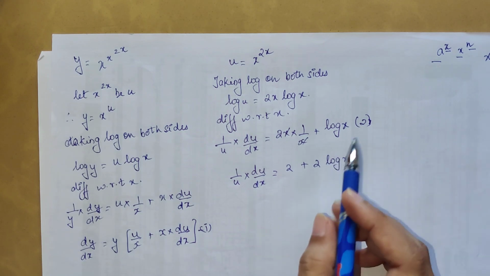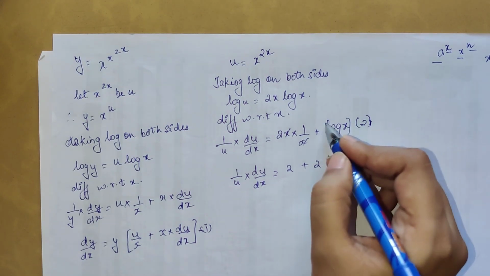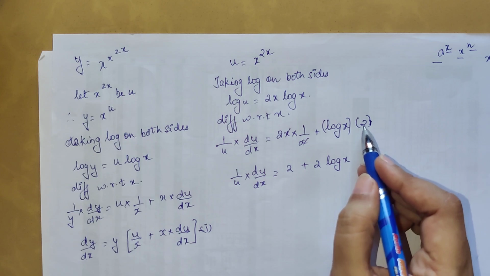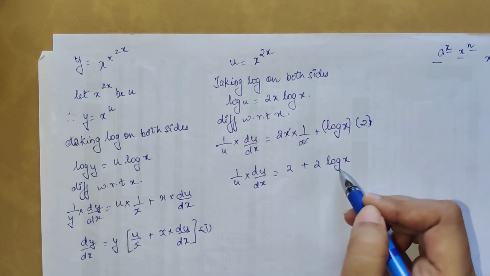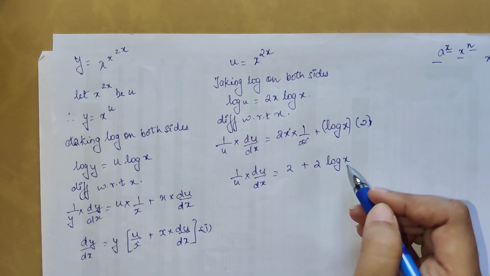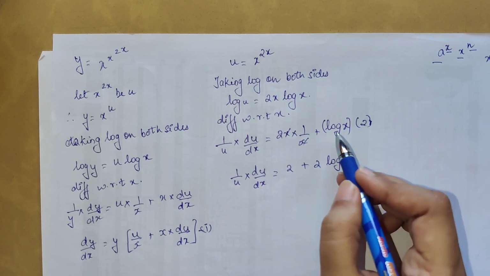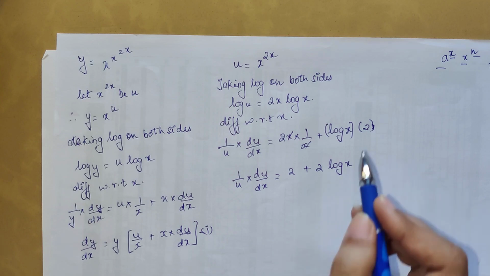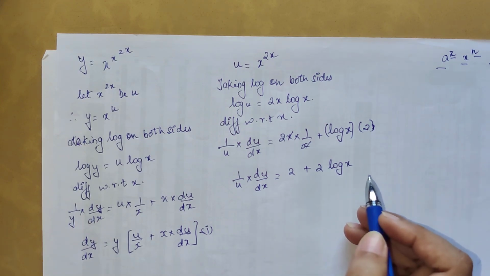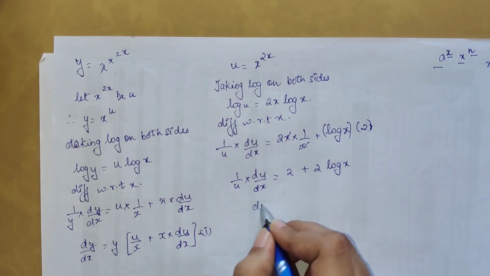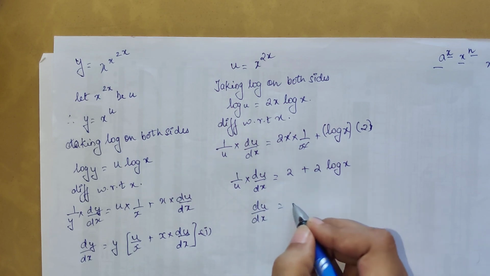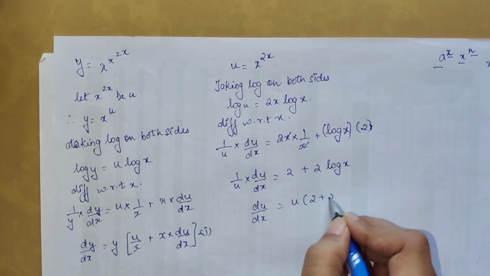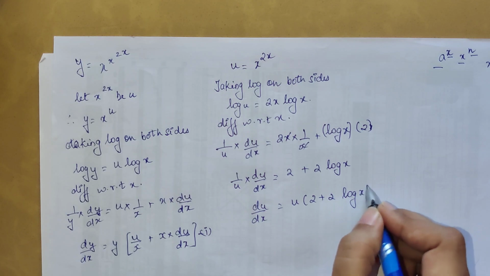Please understand students, when you multiply this, a lot of the students make the mistake of multiplying 2 and x and you actually write down log of 2x. That's not the right way of doing it. You multiply this with log x, okay? And whenever you are multiplying anything with log, you put that number ahead of log, okay? So now your du by dx is equal to u into 2 plus 2 log x.